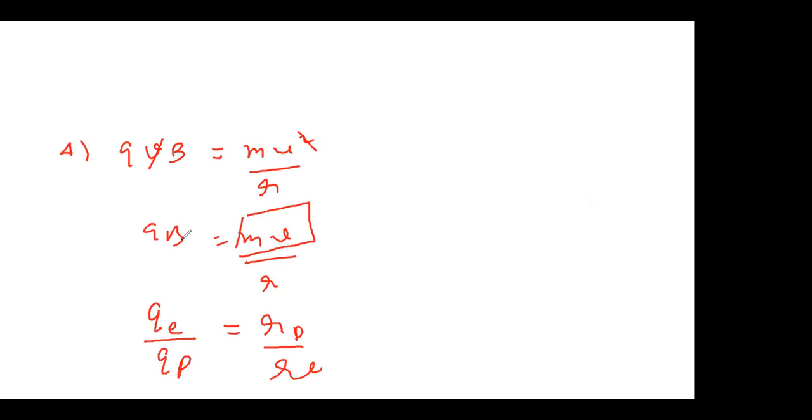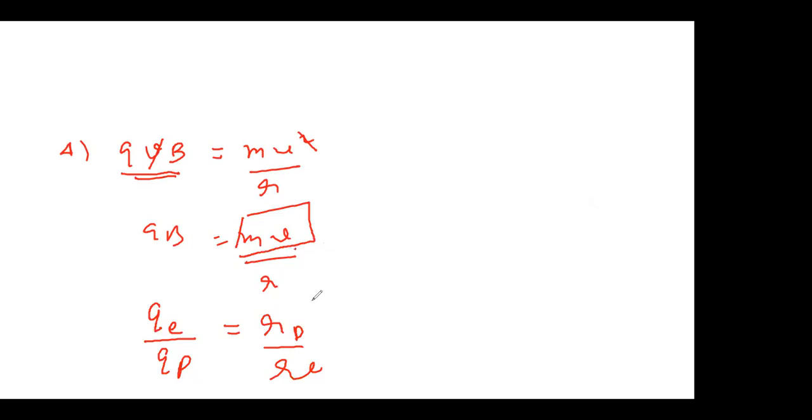Again, listen carefully. Electron and proton are entered in a uniform magnetic field perpendicular with the same momentum. What is the nature of the trajectory? So we know whenever a charge enters the field, qvB equals mv square by r. Therefore, qB equals mv by r. mv means momentum, I can cancel.